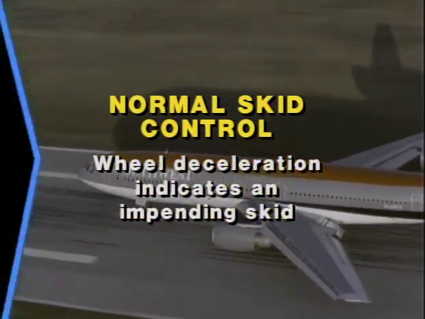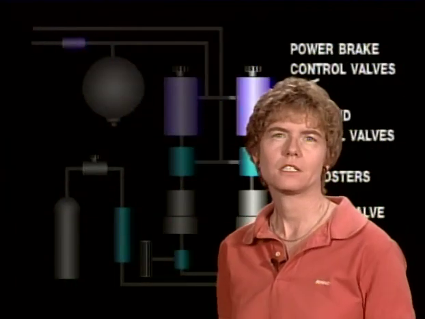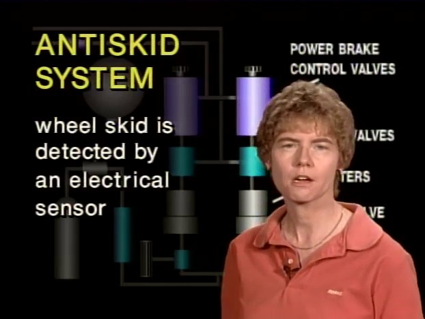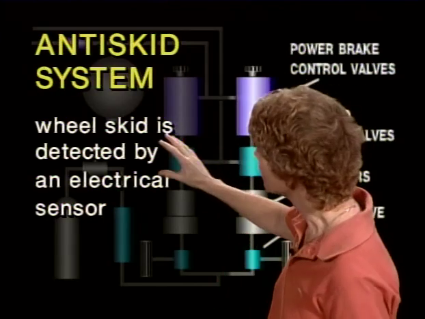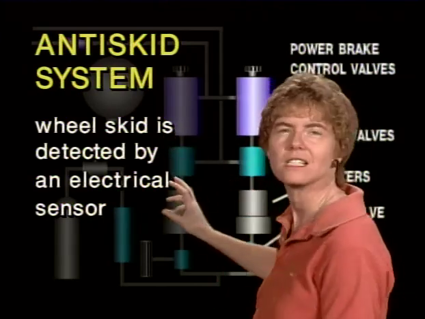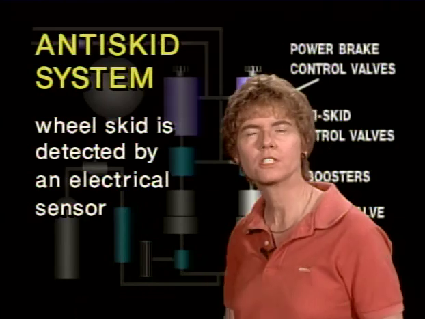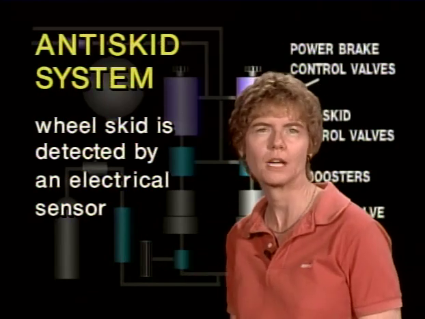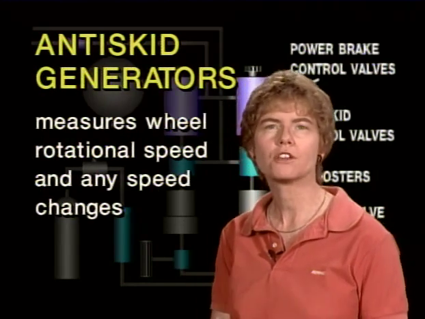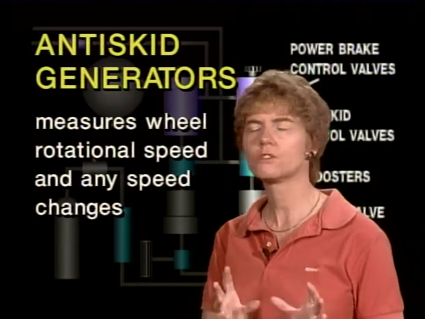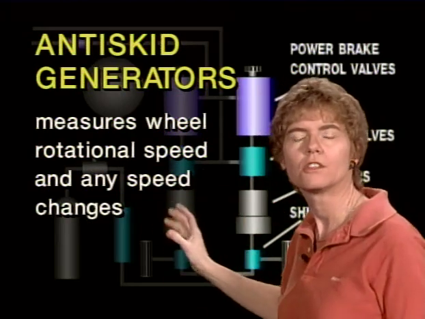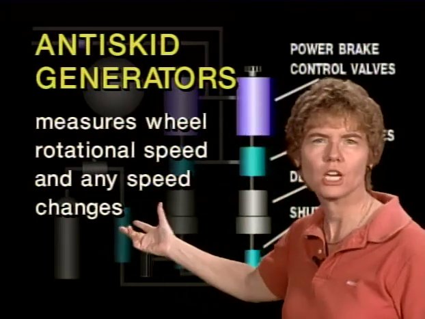Okay, how does the darn thing work? In the anti-skid system, you've got this electrical sensor down on the aircraft wheel. So if the wheel is skidding, it's detected by this electrical sensor. It's basically a generator, an anti-skid generator, and that generator measures the wheel rotational speed. It measures the rotational speed and the trend, any speed changes.